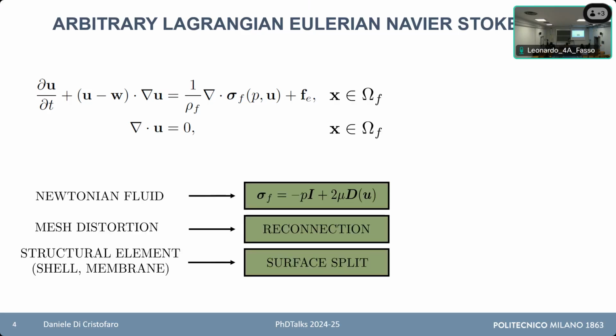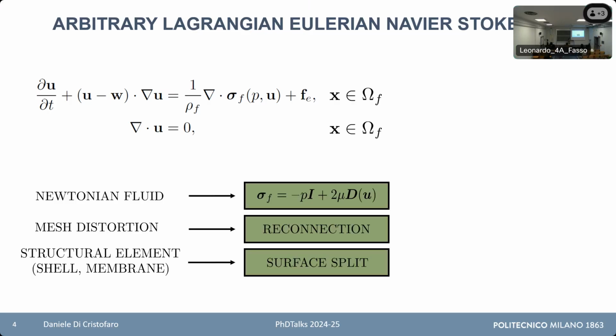Some modelization choices, okay. We are considering a Newtonian fluid. So this is the classical Cauchy stress tensor for a Newtonian fluid, where P is the pressure and mu is the dynamic viscosity.